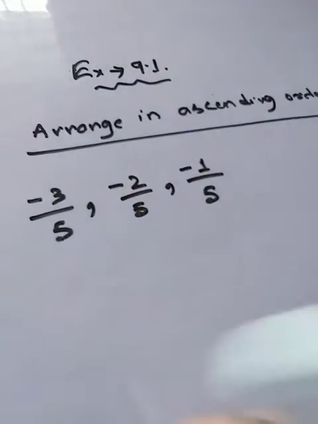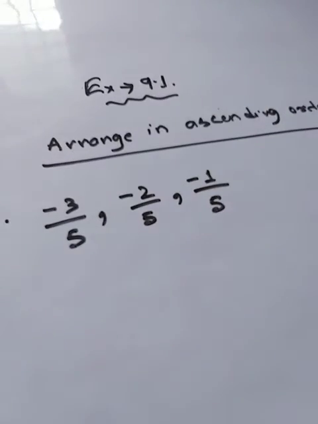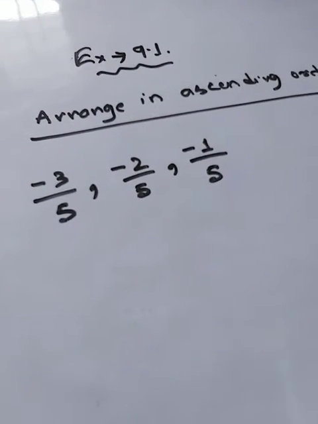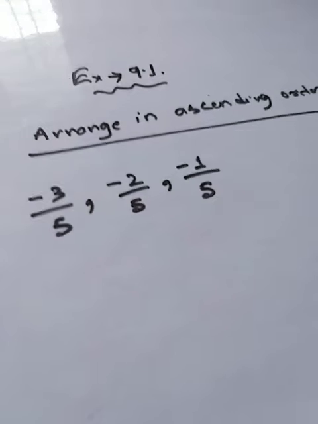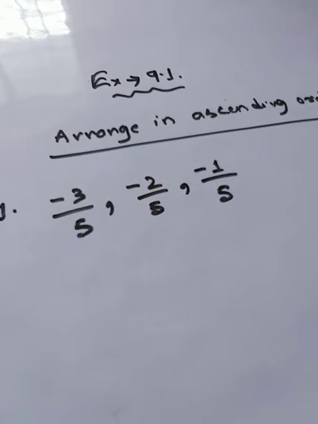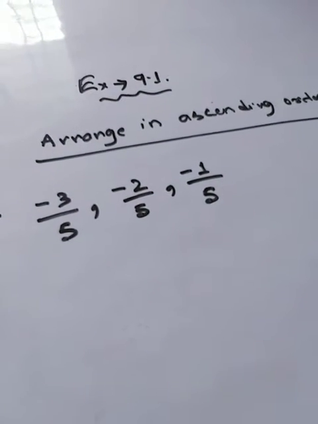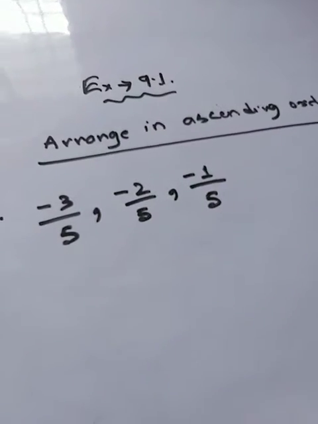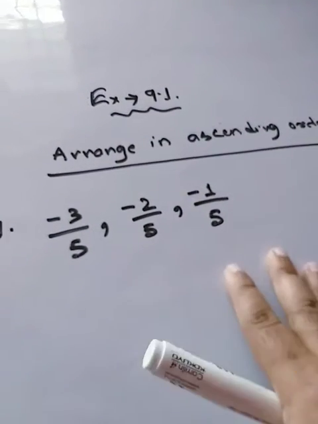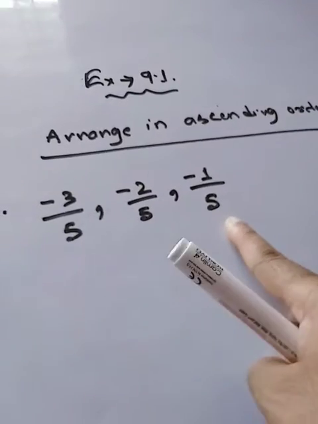This time we have to compare the fractions and rational numbers in such a way that we arrange all of them in ascending order, that is from a smaller number to a bigger number. There would be two types of questions in this. The first type is, there could be a chance that in the question paper some rational numbers will be given, and in those rational numbers the denominators will all be the same.